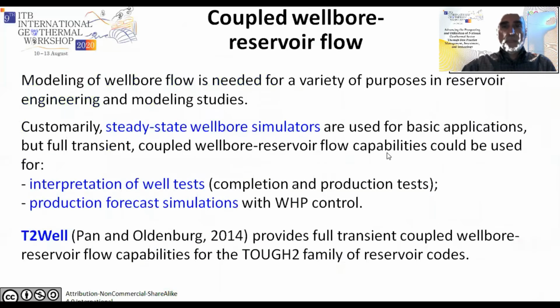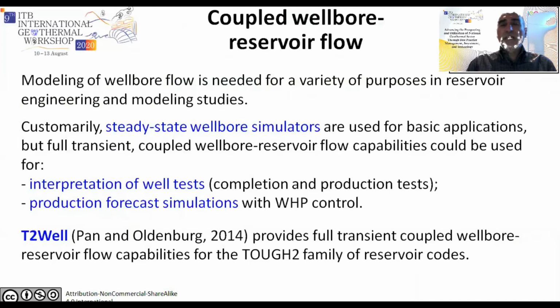So now, about the coupled wellbore reservoir flow. Modeling of wellbore flow is actually needed for a variety of purposes in both reservoir engineering and modeling studies. Customarily, steady-state wellbore simulators are used for basic applications, but when we need a transient solution of coupled wellbore reservoir flow, then we need additional capabilities.